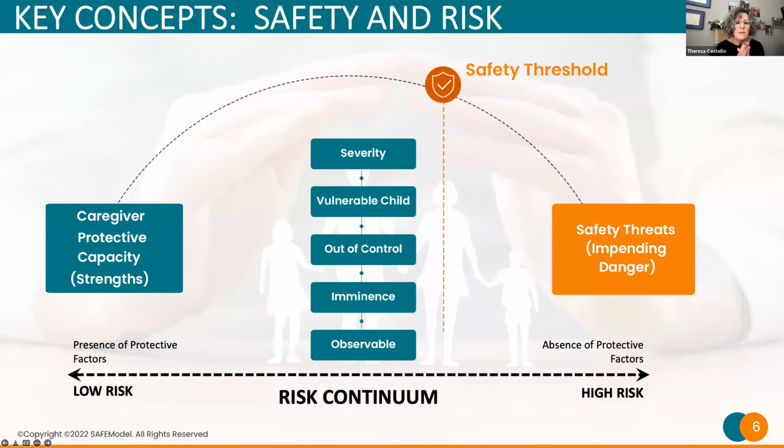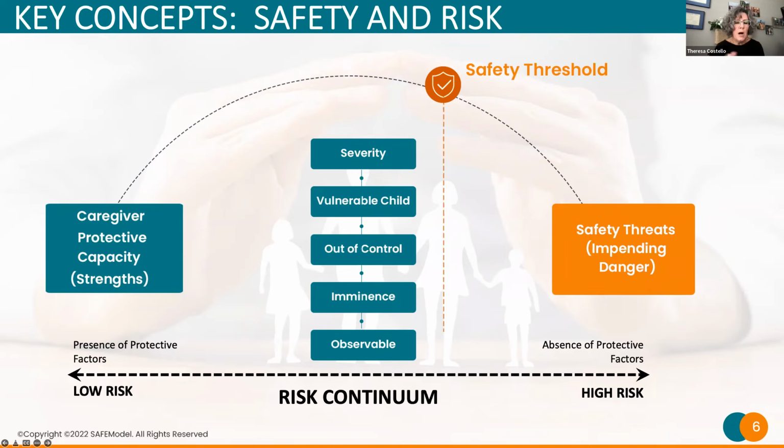So we talk about the severity, we talk about the vulnerability of the children to that particular safety threat. It's a condition or a circumstance that's out of the control of the family. It's imminent, meaning it is likely to happen in the very near term. And it's observable. We can see it by looking at the behavior, the circumstances, the conditions in the family.